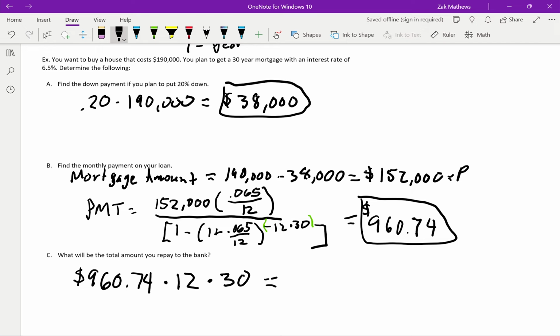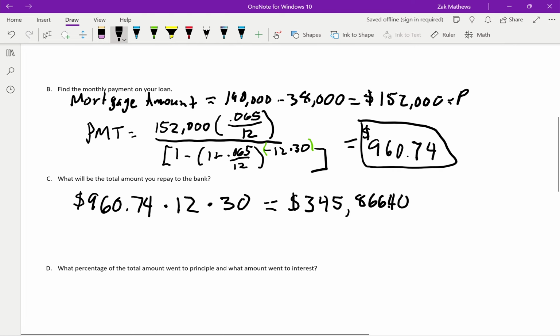And when I do this calculation in my calculator, I get $345,866.40 if you want to have the full cents on there. So quite a bit more than what the bank actually lent me. We were lent $152,000, we paid $345,000.